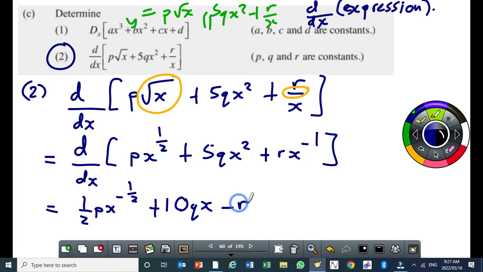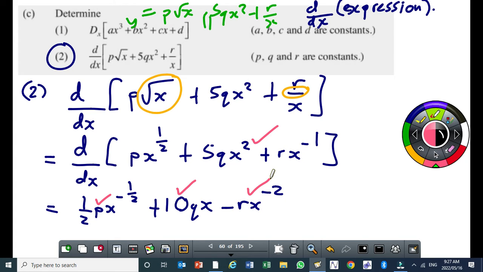That will be minus rx to the power of minus 2, because we subtract 1 from there. Okay, so this will be the answer. So again, you get 1 mark for that expression, 1 mark for the derivative of the first term, second mark, derivative of second, third mark, the derivative, or rather fourth mark for the derivative of the third term. So total, 4.